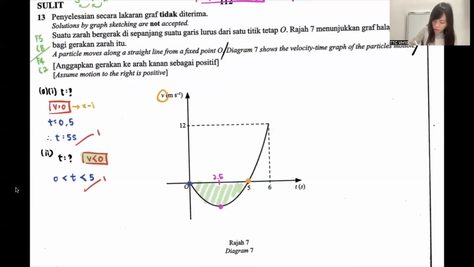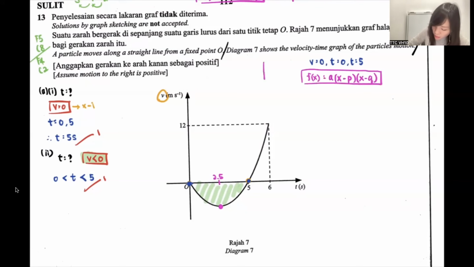You see, my dear, based on these 2 points, you know that when your v is 0, your t will be 0 and t will be 5, correct? So based on the equation that I write for vertex form, normally this is x, this is y.